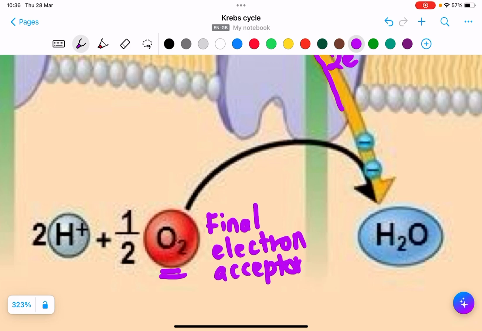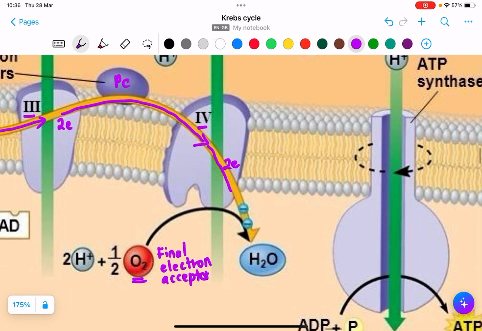Before this, we already know that in the respiration equation, we need glucose plus oxygen. The products are water, ATP, and CO2. So the oxygen that we need is going to be used here. The oxygen is going to wait at complex number 4 and act as the final electron acceptor.